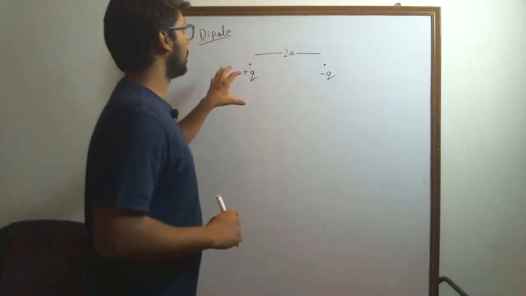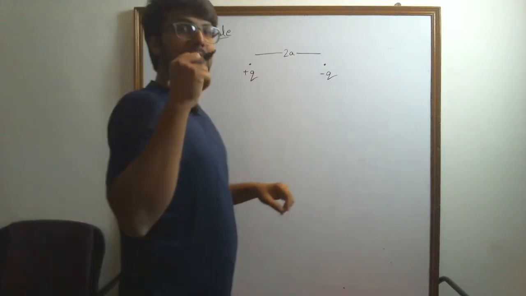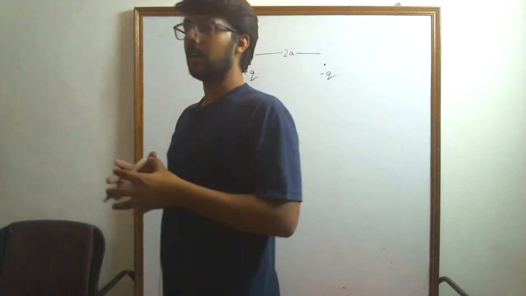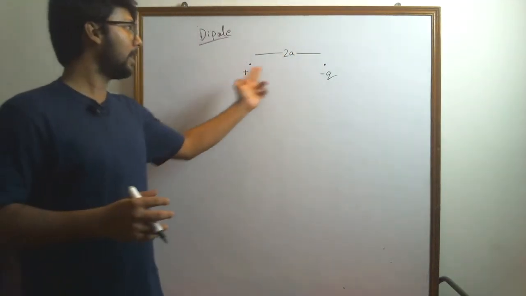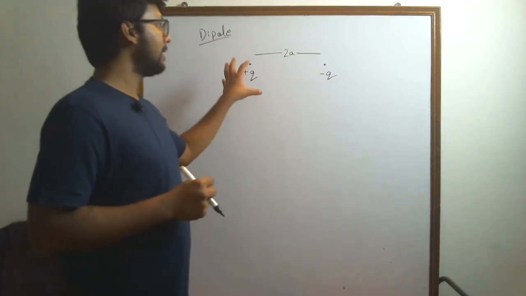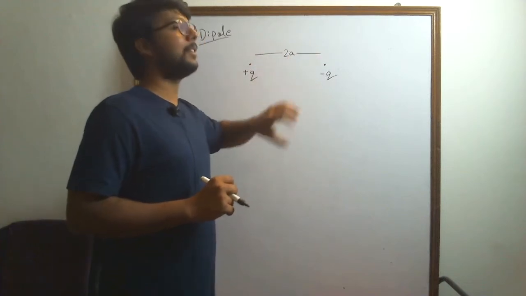Now why is it important? Because although this system of charges is zero in total charge, that means there is no total charge in it because they are cancelling each other out, but the electric field by this system is not zero. It is actually different at different points.